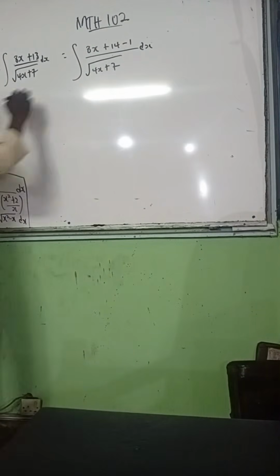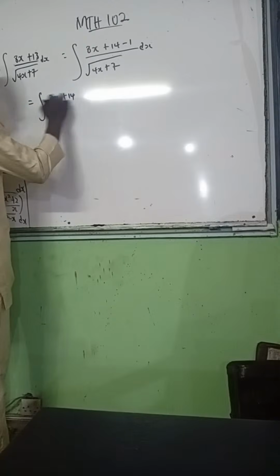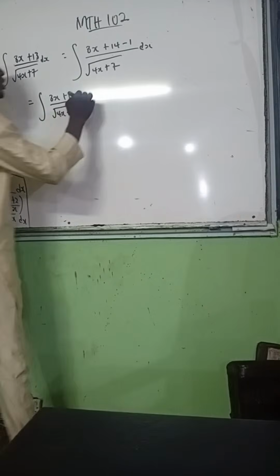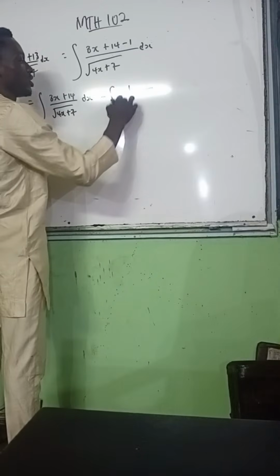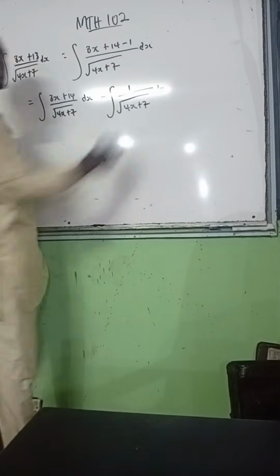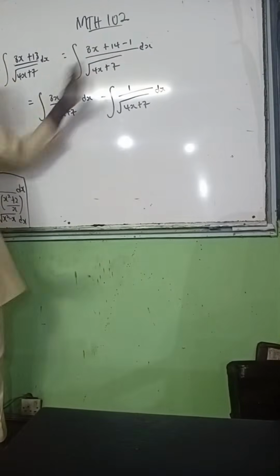So this gives us integral of 8x plus 14 over root 4x plus 7 dx minus integral of 1 over root 4x plus 7 dx. Are we clear with that? I separated it, minus 1 and this.